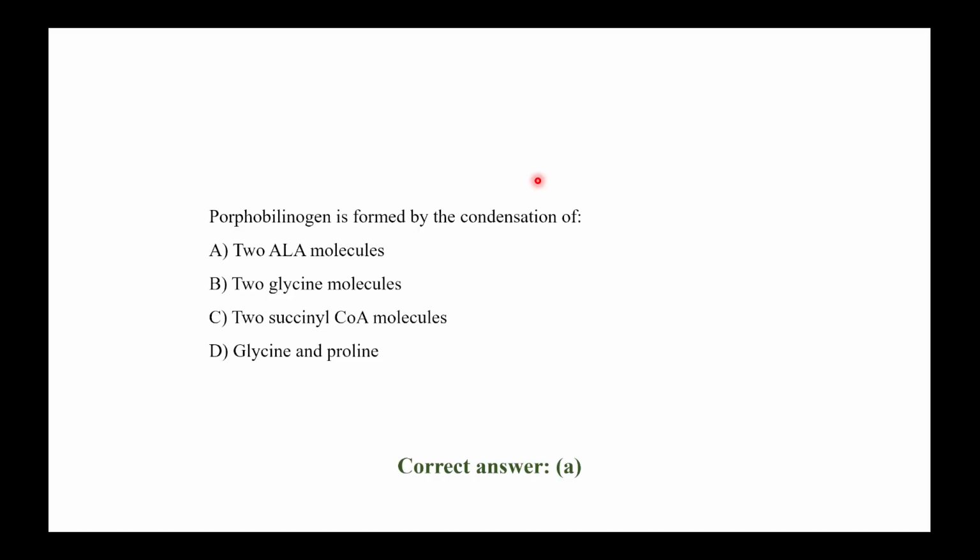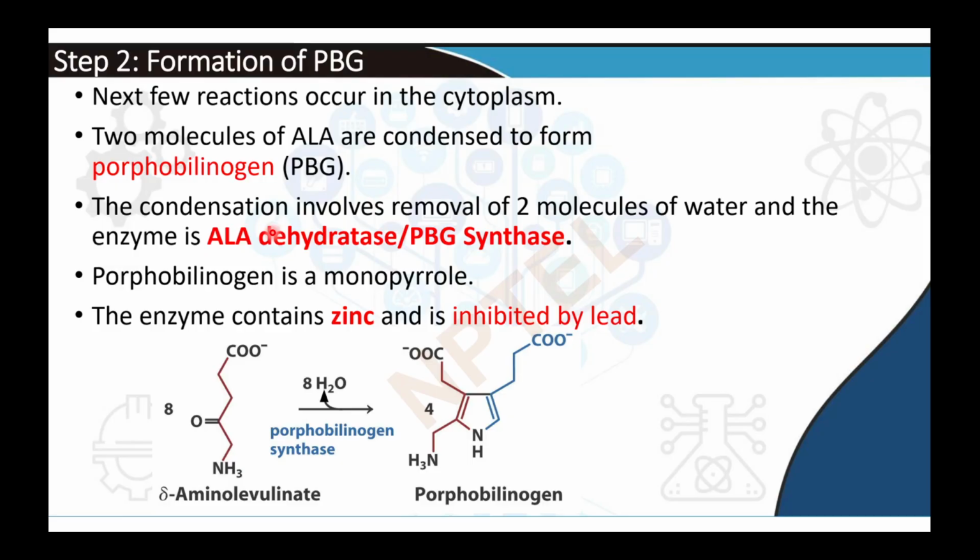The correct answer is option A, two ALA molecules, so two amino levulinic acid molecules. So two ALA condense to form porphobilinogen. This is basically the second step in the heme synthesis. So we saw the synthesis of amino levulinate in the first step, right? In the first step of heme synthesis, we got delta amino levulinate.